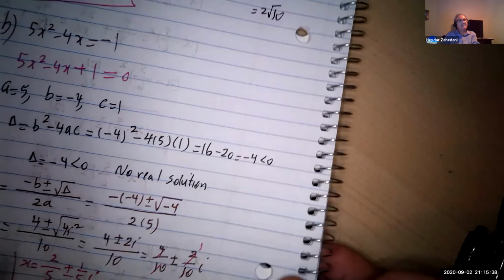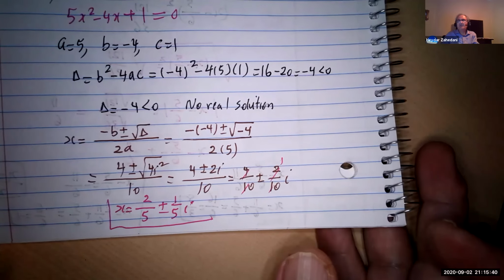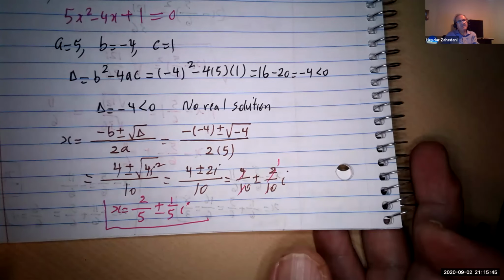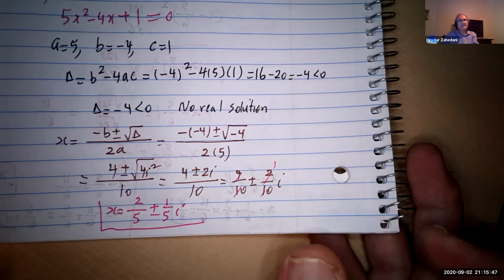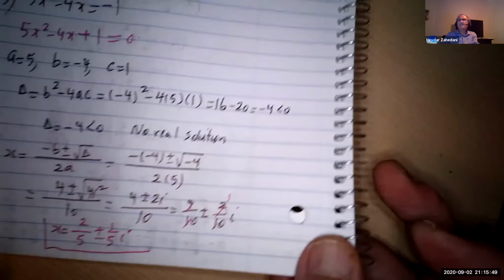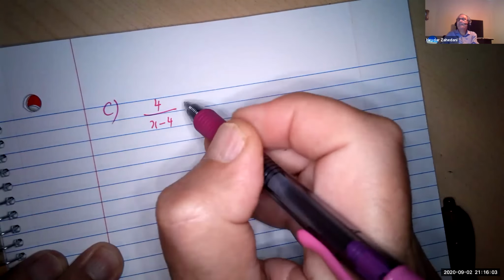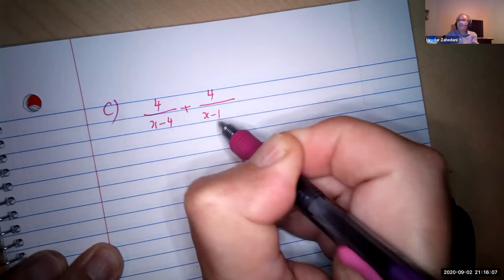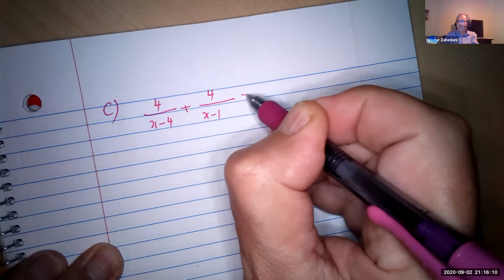Now the third one is going to be those rational equations that we talked about. You have to get rid of the denominator first to get your result. So this is the last one, part C. You want to solve this equation: 4 over x minus 4 plus 4 over x minus 1 equal to 5.